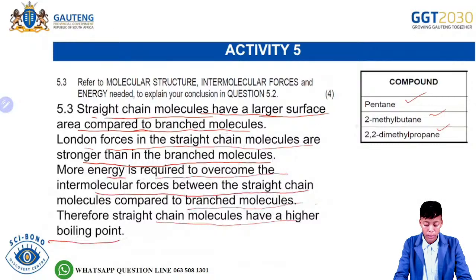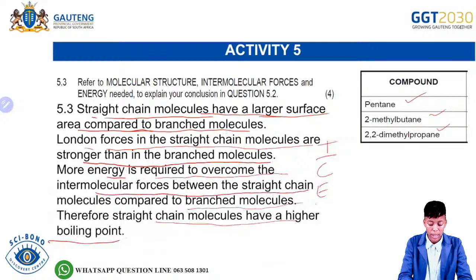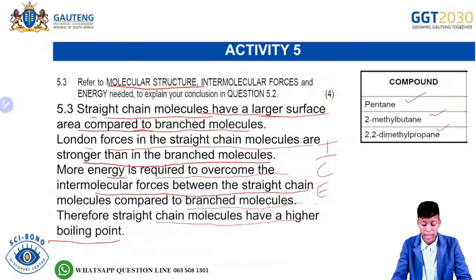So again, for all the questions, even for this one, we followed the ice, but this one asks for the molecular structure. That is why we started by talking about the surface area, and then from there, we stated the type of intermolecular force. We said that all of the compounds contain London forces.